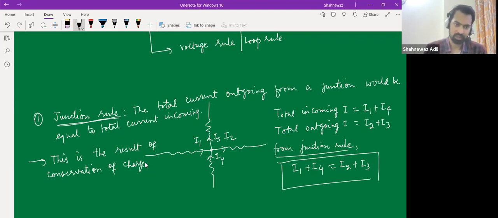Yeah, you guys please note it down, and then we'll talk about it. And then we will see how, for complicated circuits, we can use these Kirchhoff laws. These are very important and they come very handy when you have a very difficult kind of circuit.